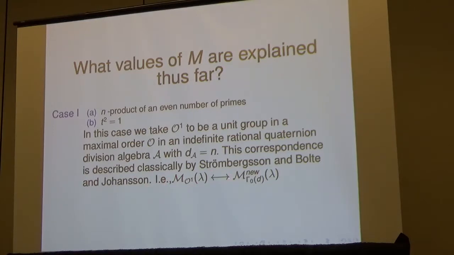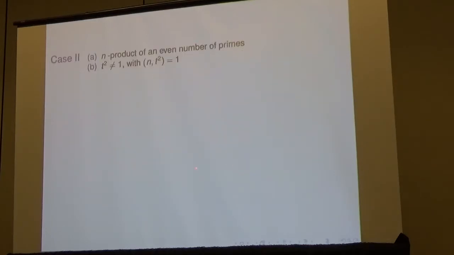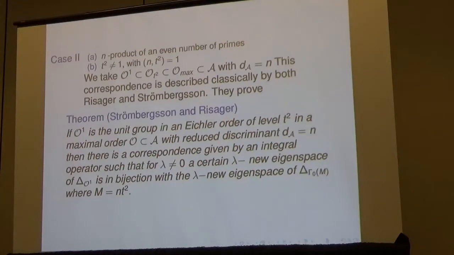Essentially what you can establish is a bijection between the group of units that come from the maximal order in this Quaternion algebra and the Hecke congruence group that is derived from the discriminant, and it's an exact correspondence between the spectra.